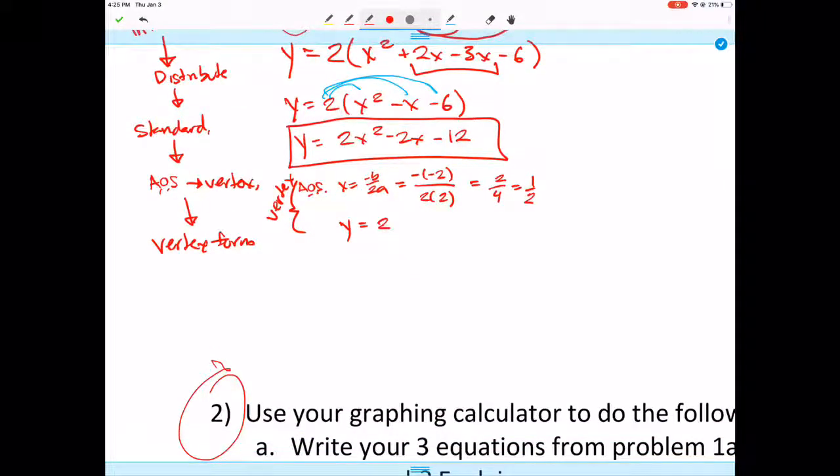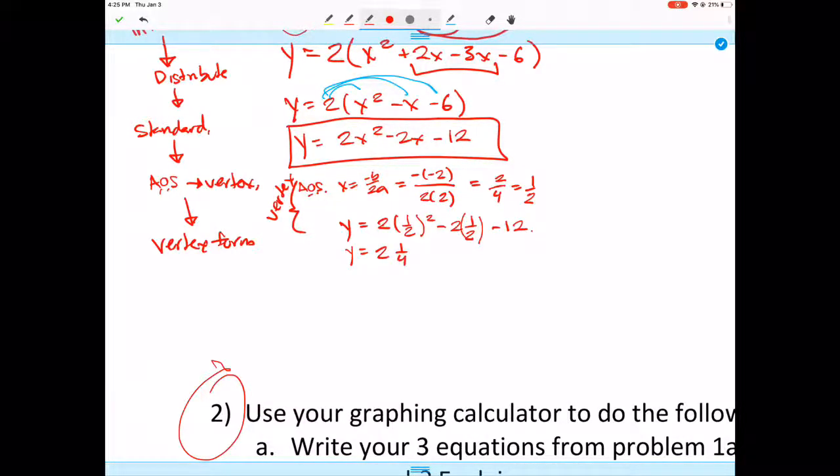So 2 times 1/2 squared minus 2 times 1/2 minus 12. Okay. And then you probably just want to do it on your calculator, or you can come up with it without using your calculator.